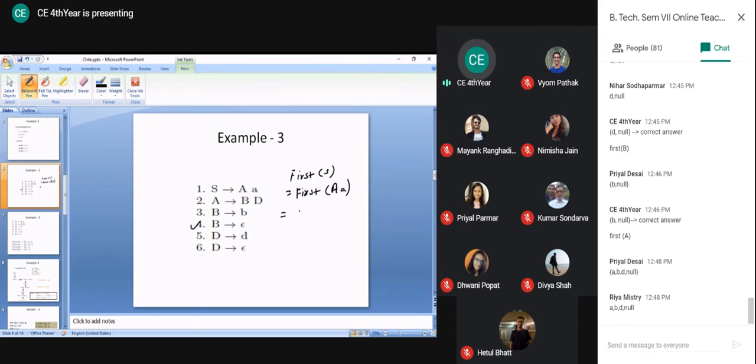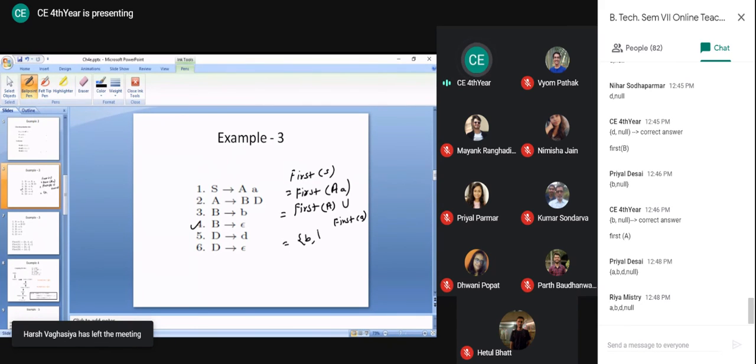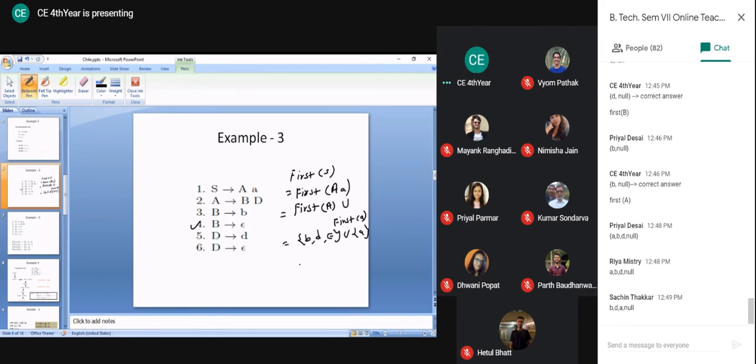Because A is producing null, we have to consider both: B, D and null, union A. Now can you tell me what will be the answer for first of S?